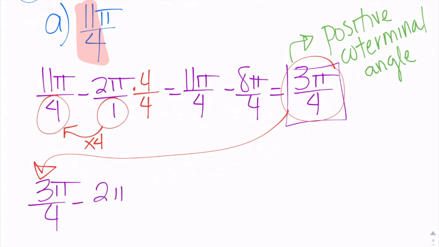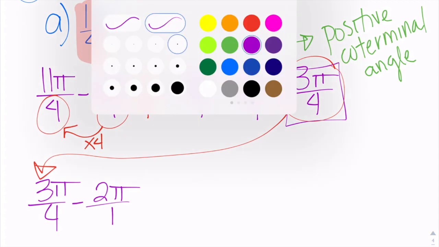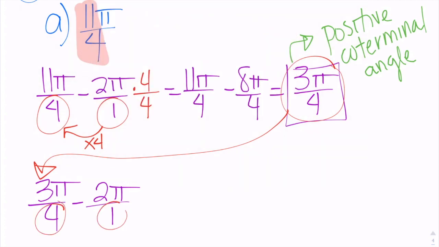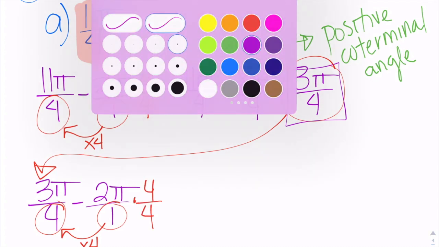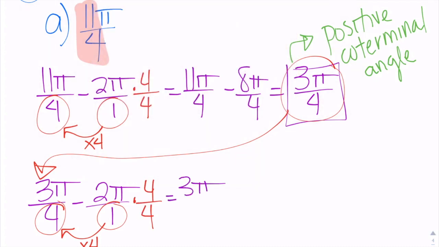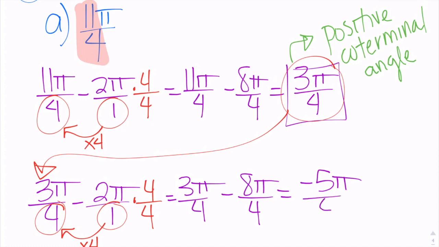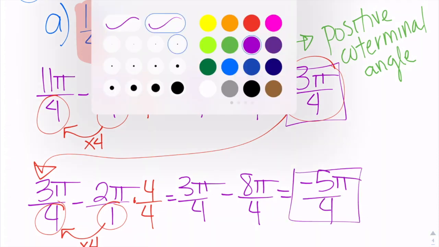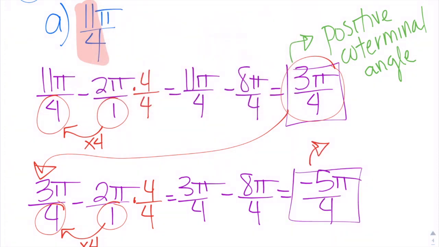And so we're going to do 3 pi over 4 minus 2 pi again. So again, this is a 4, this is a 1. We can get from 1 to 4 by multiplying by 4. So we multiply this by 4 over 4. And so we get 3 pi over 4 minus 8 pi over 4, which gives us negative 5 pi over 4. And that negative 5 pi over 4 creates our negative coterminal angle.